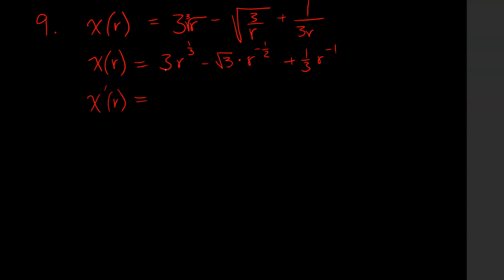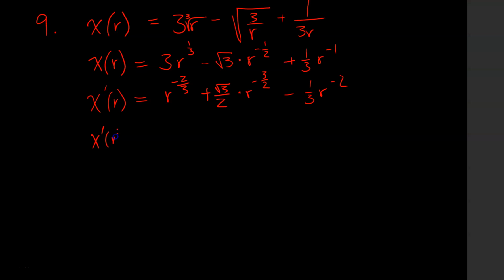So the derivative of 3r to the 1/3 is 3 times 1/3, or 1, r to the -2/3. And then over here we get to ignore our constant -3, so plus √3 over 2 times r to the -3/2, we're using the power rule, minus 1/3 r to the power -2.